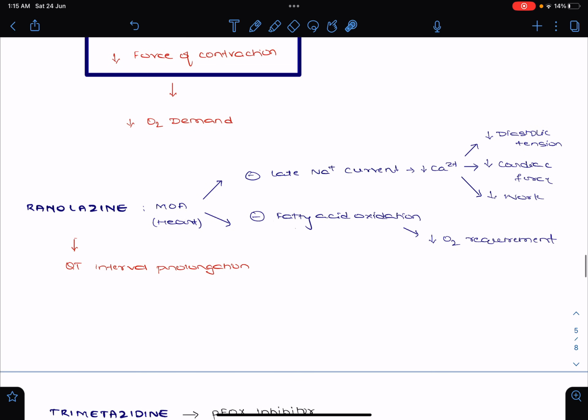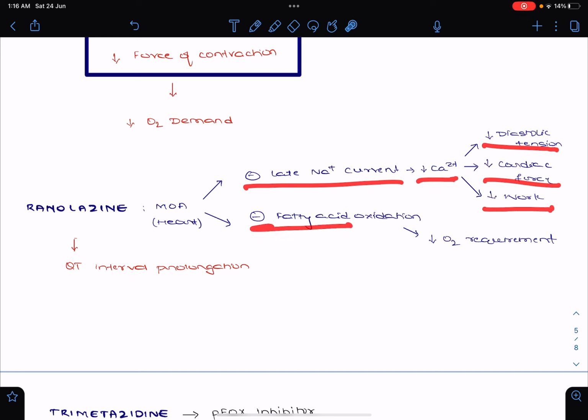So next, what are the other drugs which are used to treat the angina? We have ranolazine. It has got two unique mechanisms of action. So ranolazine inhibits the late sodium current, thereby decreasing the calcium ions inside the myocardium, thereby it is going to decrease the diastolic tension, decrease the force of contraction, thereby decrease the cardiac work, thereby it decreases the oxygen requirement.